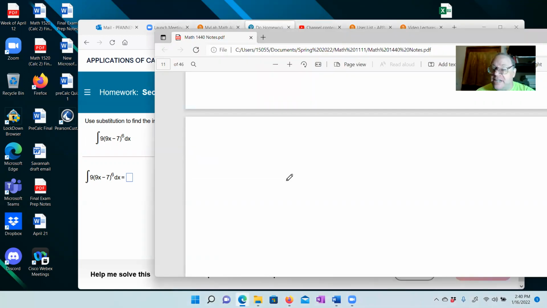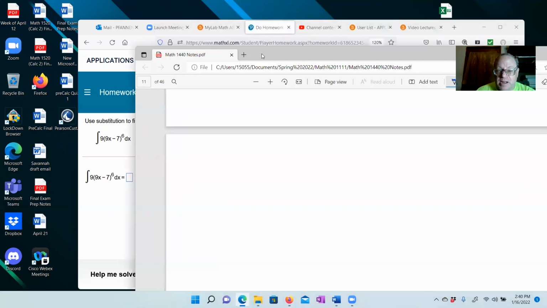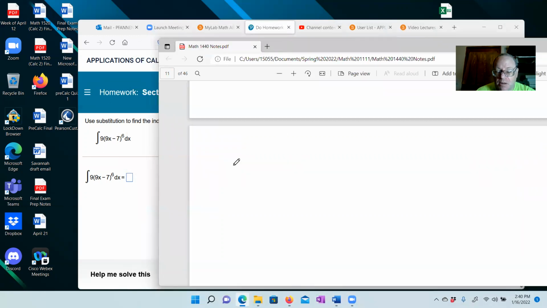You may not actually end up using it in the problem. You probably will, but it isn't a guarantee that you're going to use it, and it also is not a guarantee that you're going to make the right substitution. That's part of the learning process. If you find yourself not making the right one a couple of times, you're on the right track.